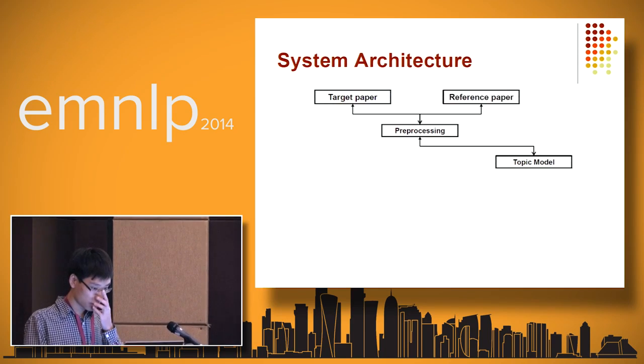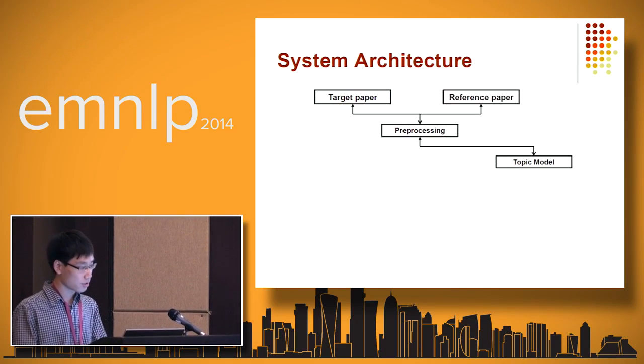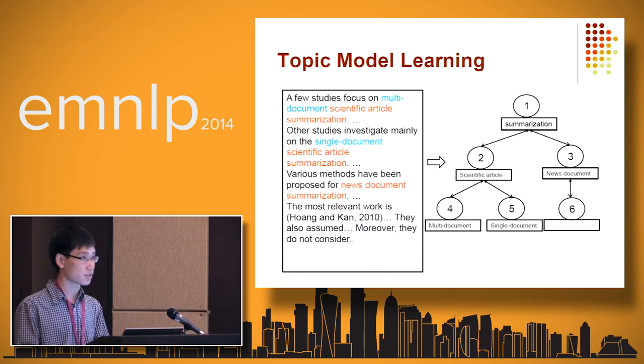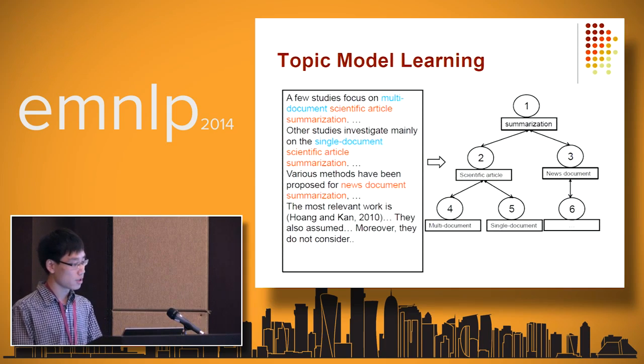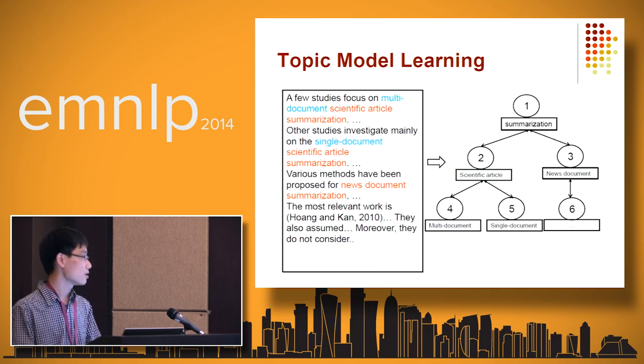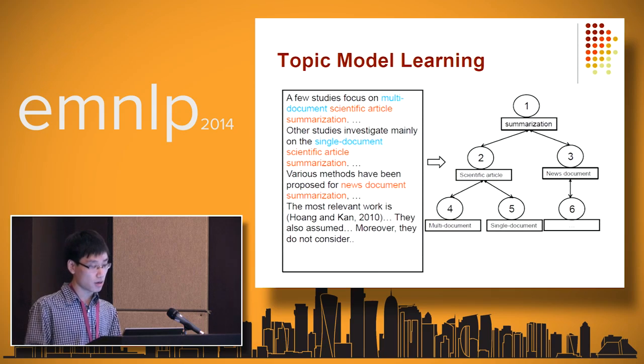The second step is to find the latent topics in the paper set. So recall the structure we discussed before. A related work section can be transformed to a topic tree like this, but it's certainly non-trivial to construct such a tree.